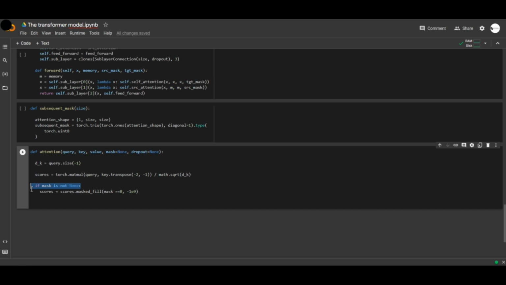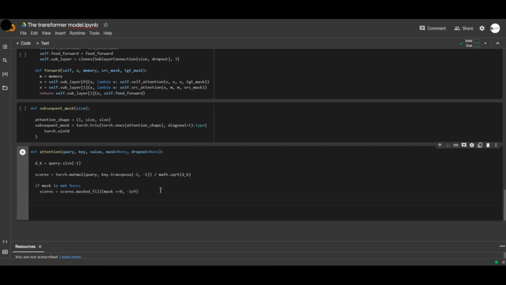A mask is used, right, to prevent the model from attending to certain positions in the input sequence, okay, such as padding tokens. So where the mask is 0, we don't attend to that. So this can also be applied in the encoder, just to know that. So that's why if we have to mask, we have to do that.